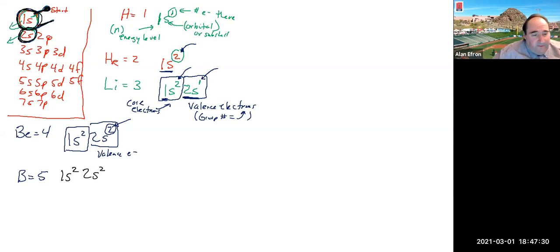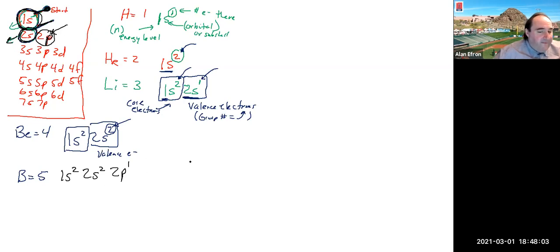If we count the top, that's only 4 electrons, which means we now zigzag back to this one, which is going to take us to 2p. And we would go 2p1 in this case. Now, when we look at this, that's a grand total of 2, 2, and 1 up on top. That's 5 electrons. This is the p subshell, which means we could fill up the p subshell with more electrons, until it's completely full, we could get to 6.